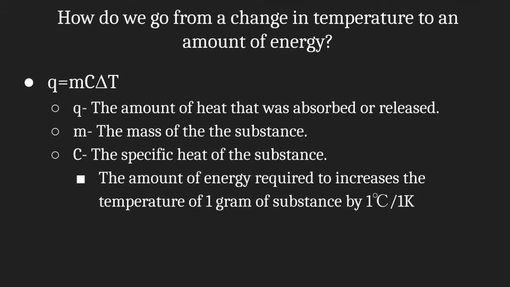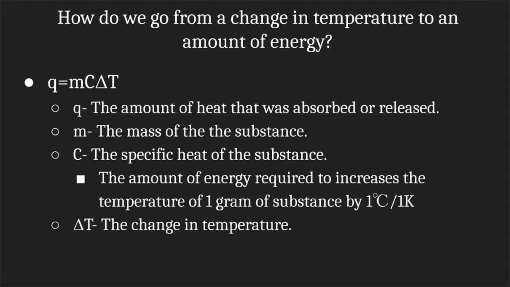This is the amount of energy required to increase the temperature of 1 gram of substance by 1 degree Celsius or 1 degree Kelvin. Each substance has its own specific heat. And finally, delta T is the change in temperature and is equal to the final temperature minus the initial temperature. Sometimes in a question, it's more convenient to write T final minus T initial instead of delta T.